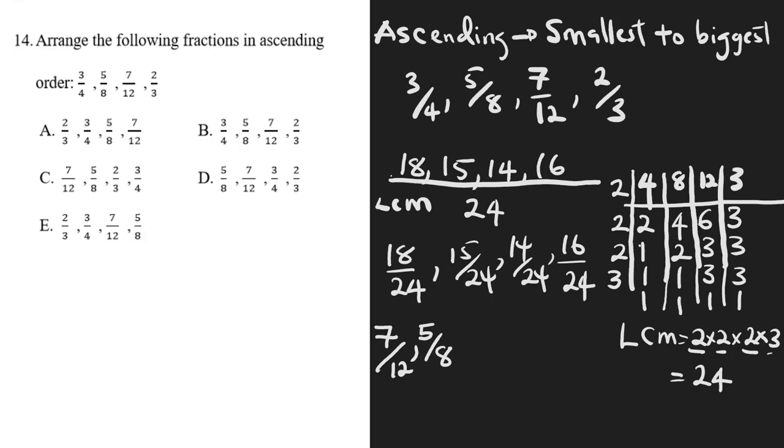So the next fraction is 2 over 3. Then lastly, the biggest one is 18, which is from here, and it's 3 over 4. So the biggest fraction is 3/4. So this is the arrangement in ascending order, right?